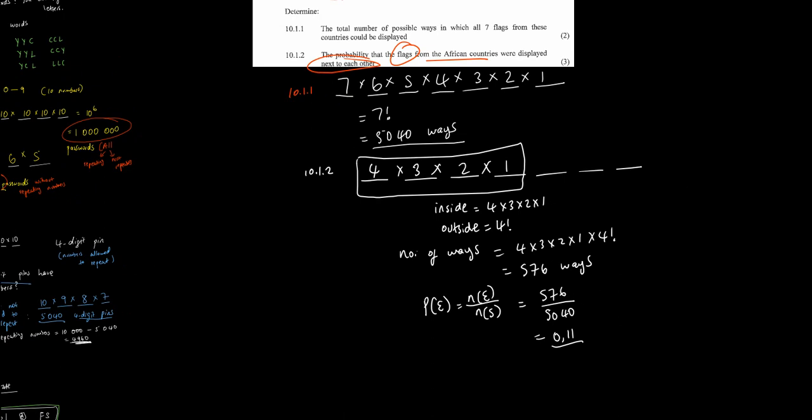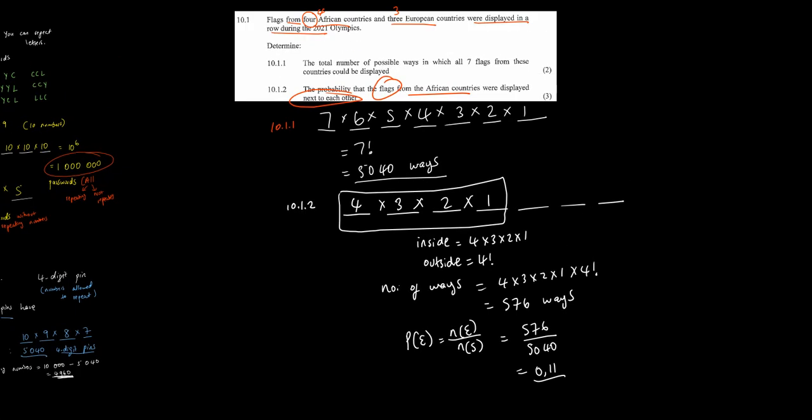For example, I can say, what is the probability that the flags from the African countries will be in the middle? If I ask you what is the probability that the flags from the African countries are going to be displayed in the middle, what are you going to do?